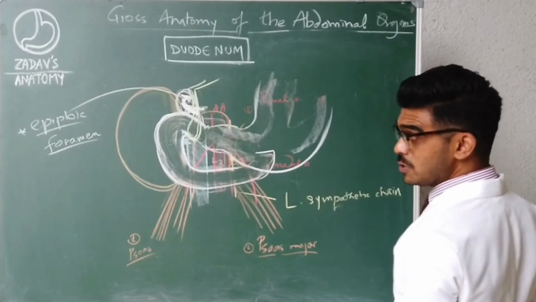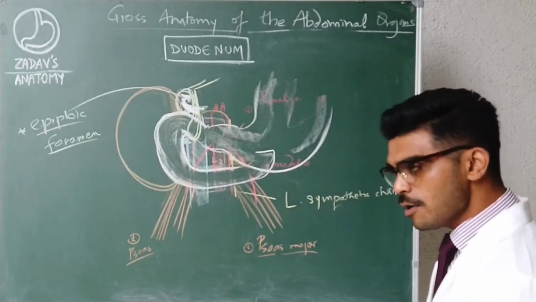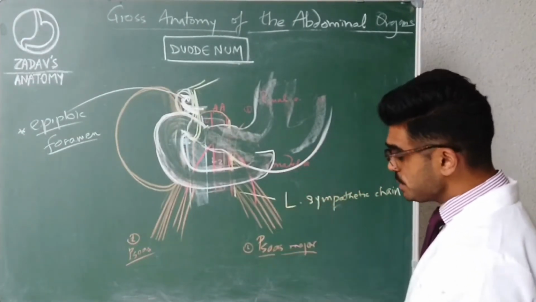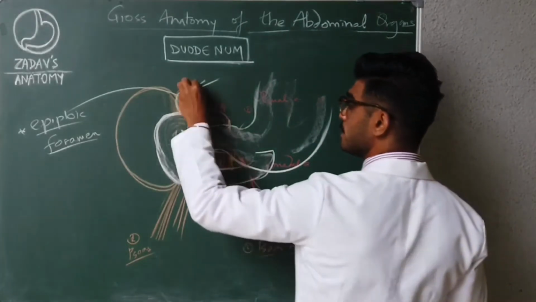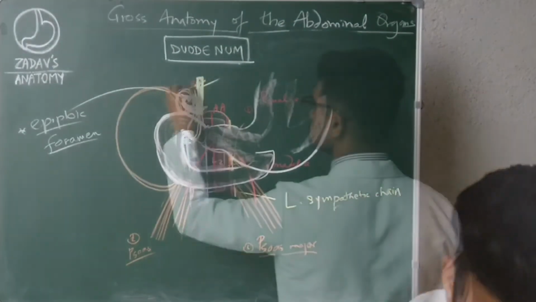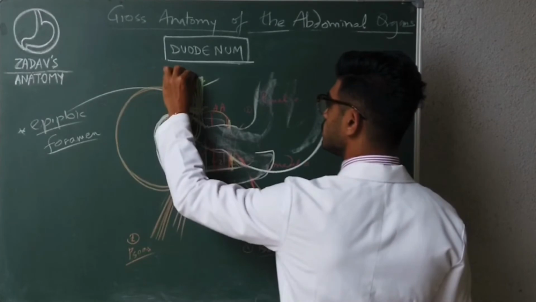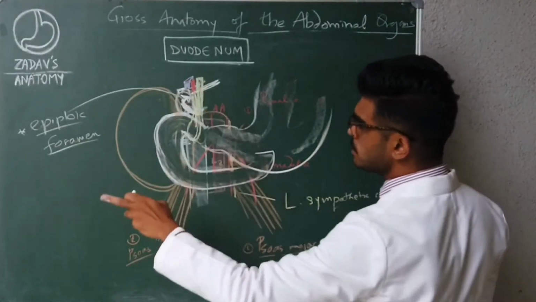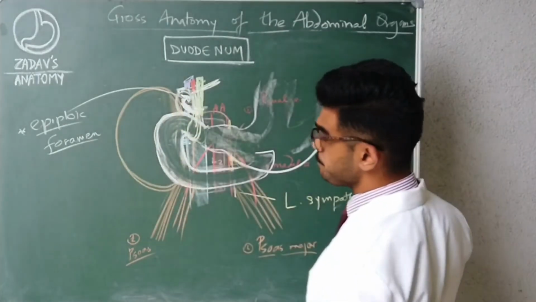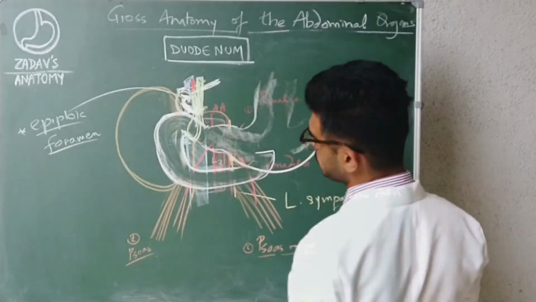And also understand that the contents of the lesser omentum, from before backwards, are the common hepatic duct, the hepatic artery, and the portal vein. These are on their way to the liver.